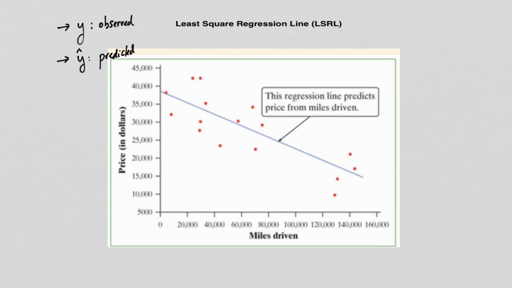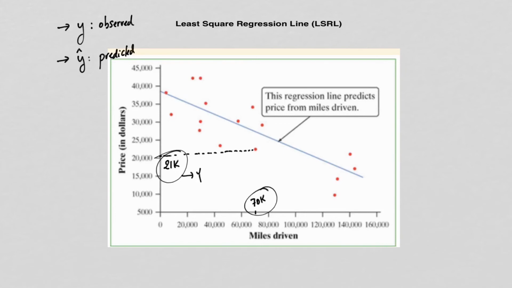So let's say a 70,000 mile truck is worth $21,000. That's what the dealership is going to tell you for this car, this is how much you're going to pay. However, this is a y value.